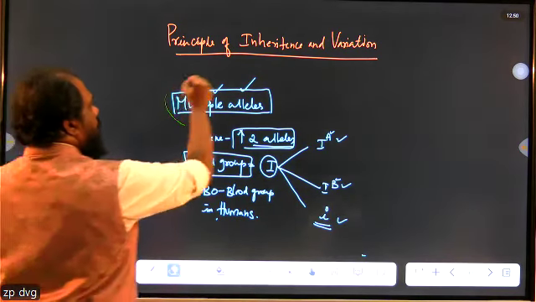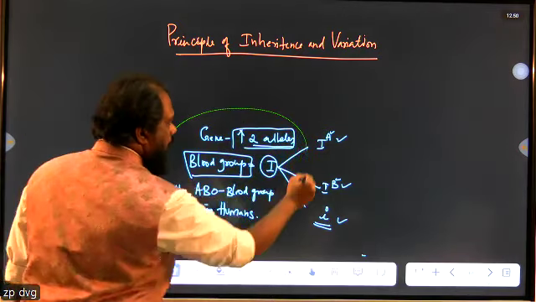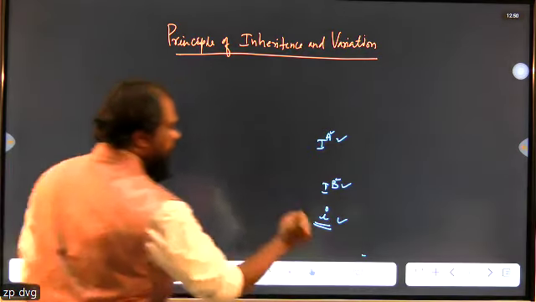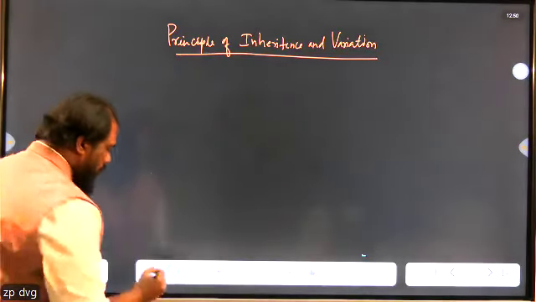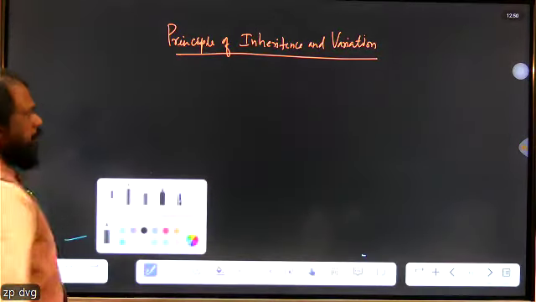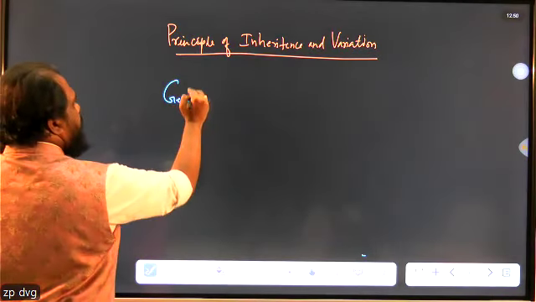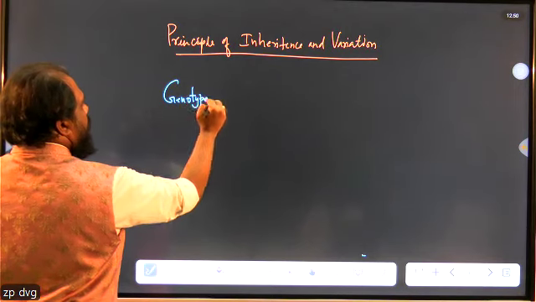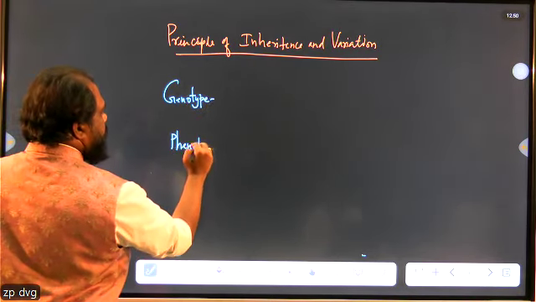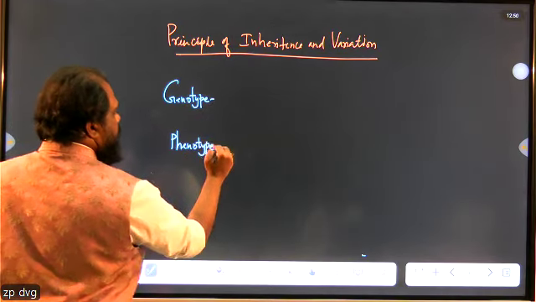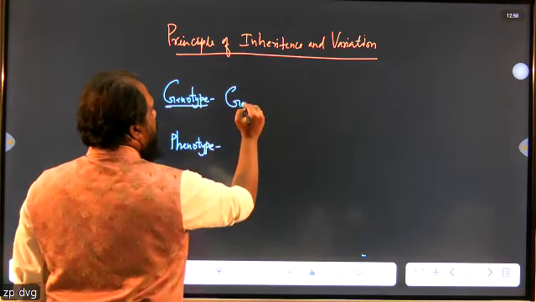Okay. The last concept, we study what is genotype and phenotype. With this, we'll finish the introduction part. And in the next class, we will discuss the questions based on this. Okay. First one is genotype. The second one is phenotype. What is a genotype? Genotype is a genetic makeup.